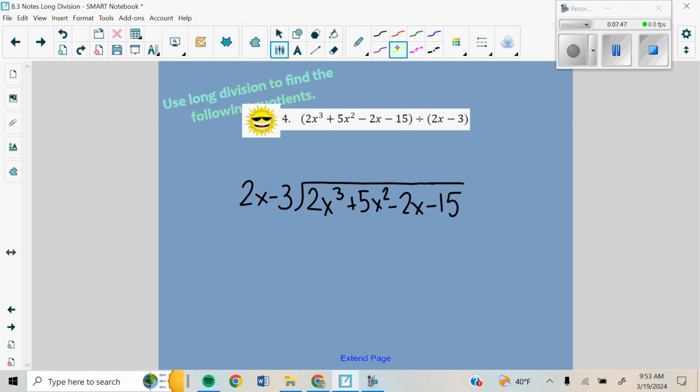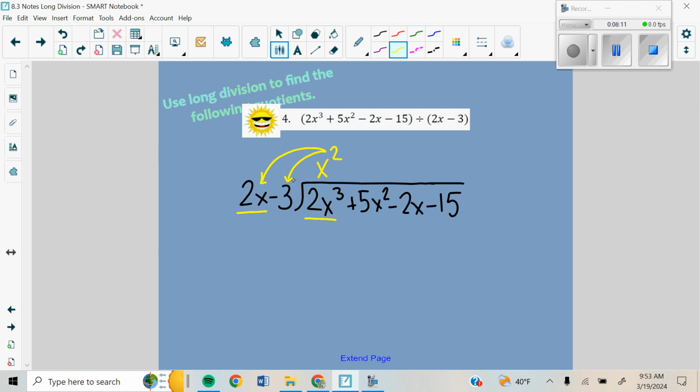All right, so let's go ahead and remind us how we do a long division problem. Looking at it, I have a 2x, and I want to make it into 2x cubed because our goal is to cancel those. So I have to multiply by x squared. I'm going to write that up there. And when I multiply it, it has to go to both of my terms.